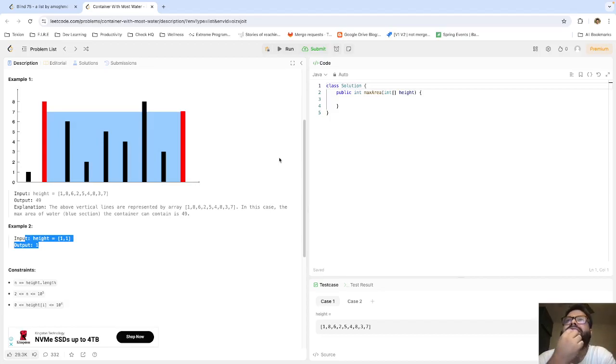Let's think about it. Okay. So let's say we sort the bars in order of their height. Will that work?